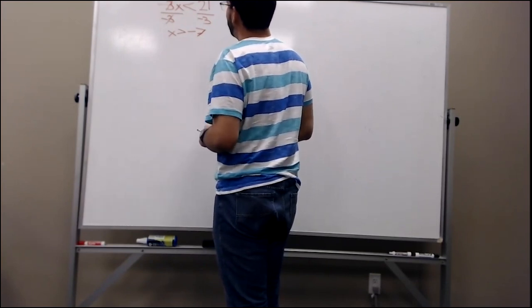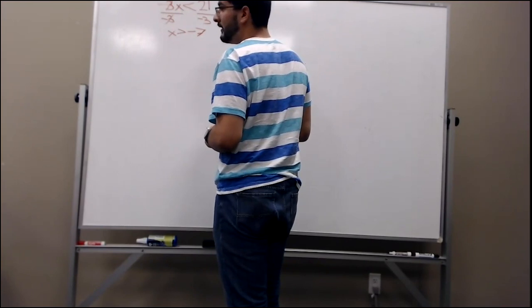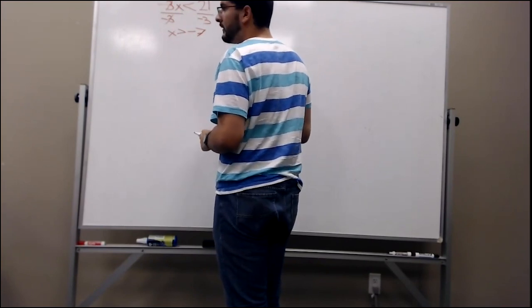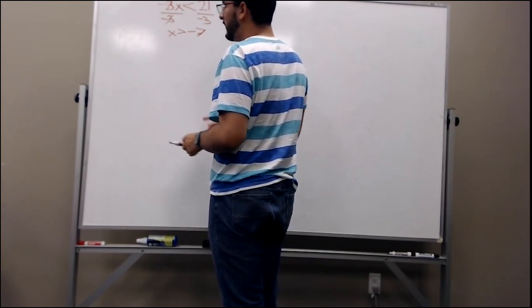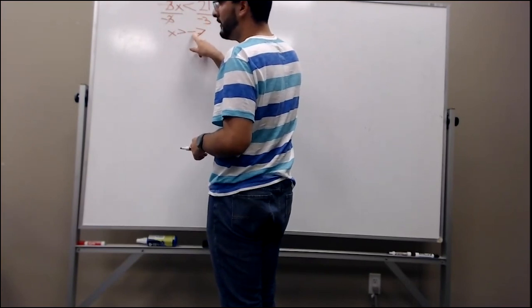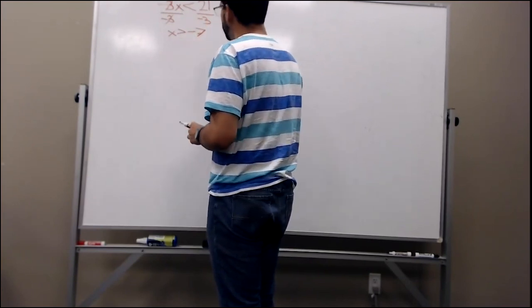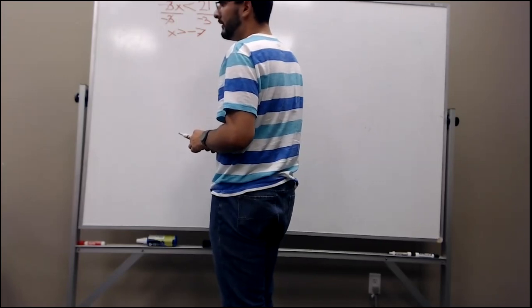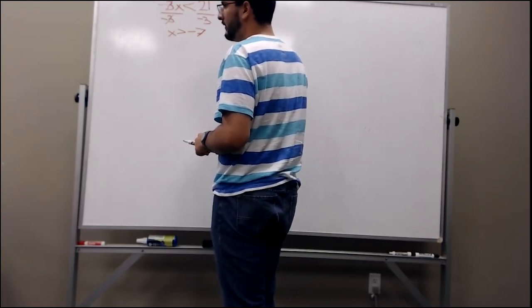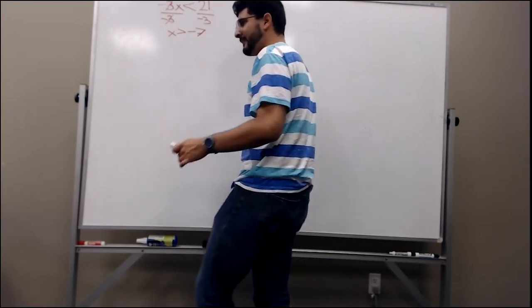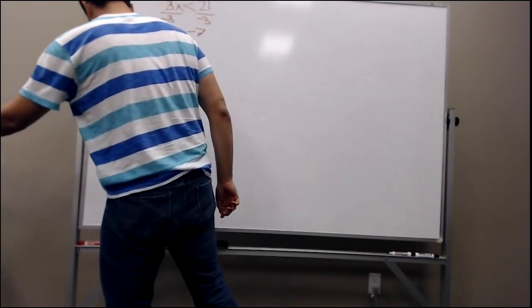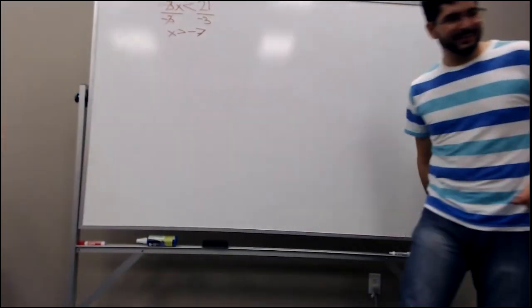So you have to remember, when you divide or multiply by a negative number, reverse the sign of inequality. If it's less than, make it greater than. If it's greater than, make it less than.